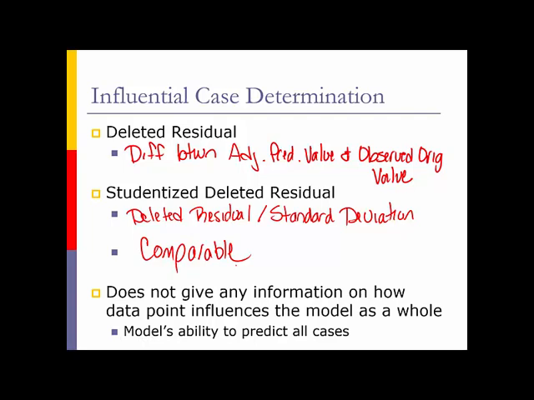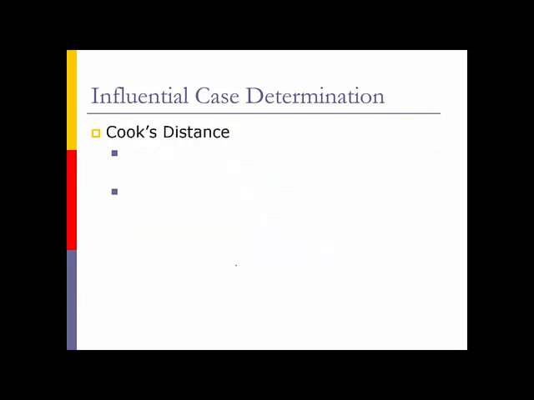The influential case, the problem that we have is we really don't have any information on how that one data point influences the model as a whole, and our model's ability to predict all cases. So we're still not there yet, but we're getting closer. So the next thing that SPSS will calculate for us is Cook's distance.